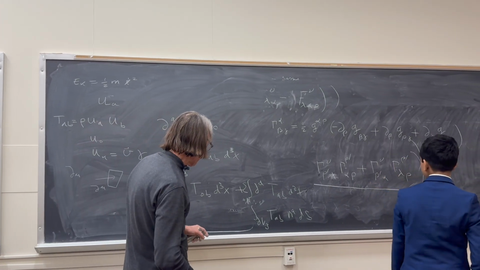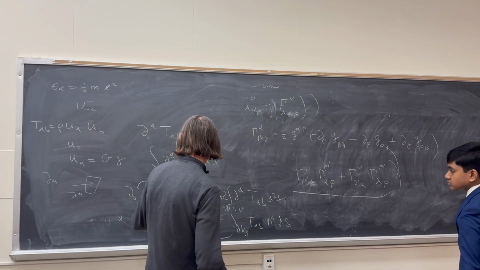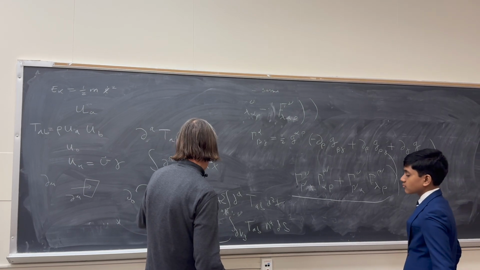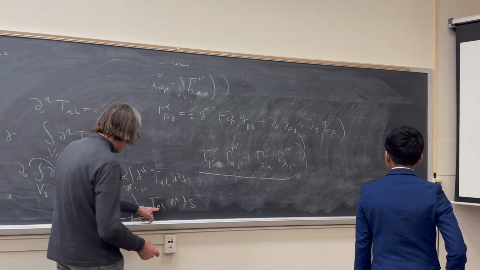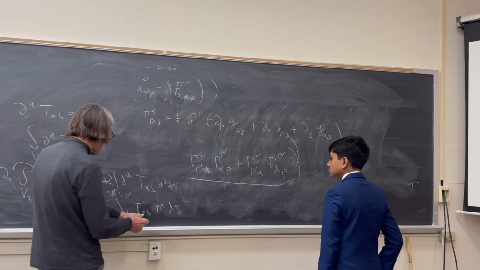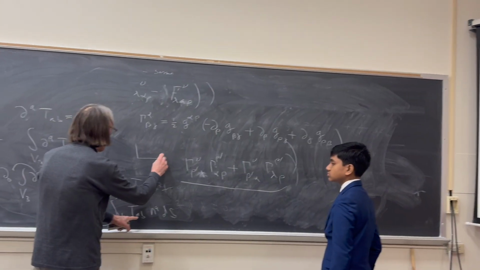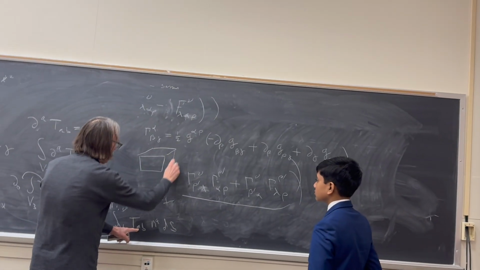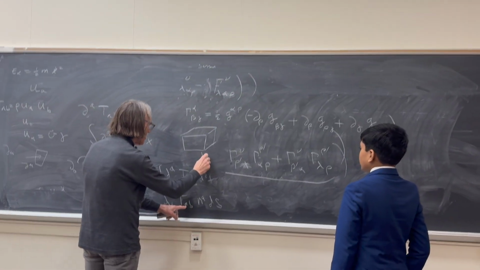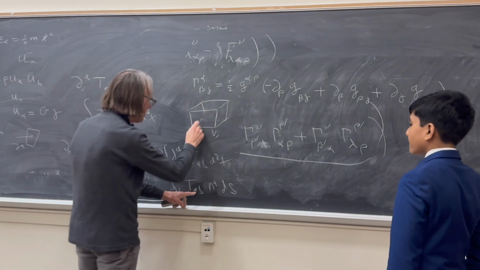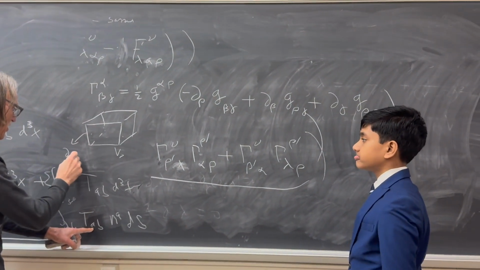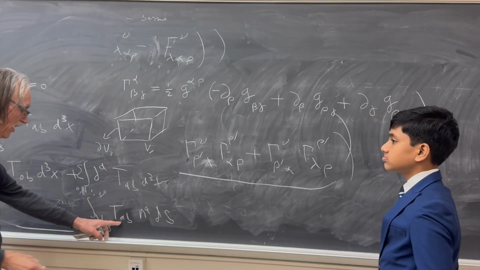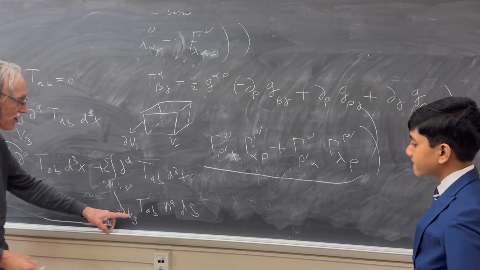What we have here is, so this is T^{AB}. So now this is my box. So these are the boundaries of the box. So this is the boundary of V3. I integrate over the boundary.